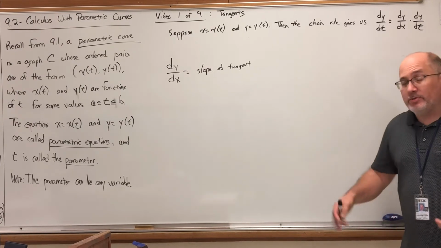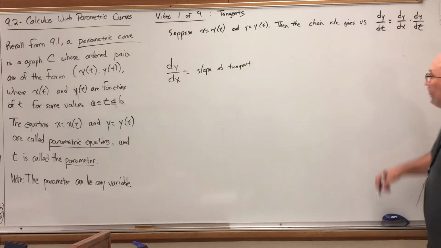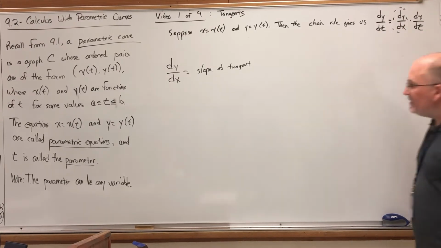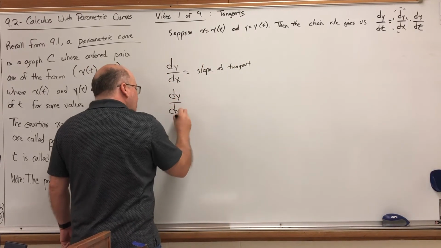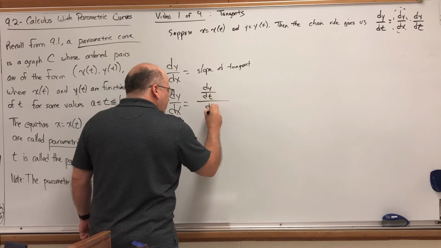Although I know that there are some equations that are technically impossible to solve. This one's not one of them. If I want to know what dy/dx equals, all I have to do is divide both sides by dx/dt. So we get this formula for dy/dx. dy/dx is equal to dy/dt over dx/dt.